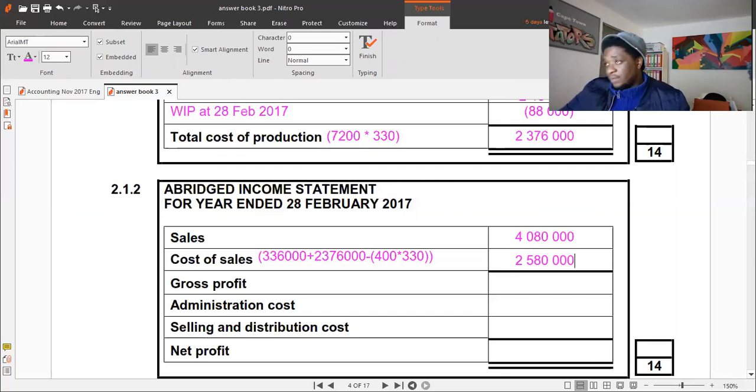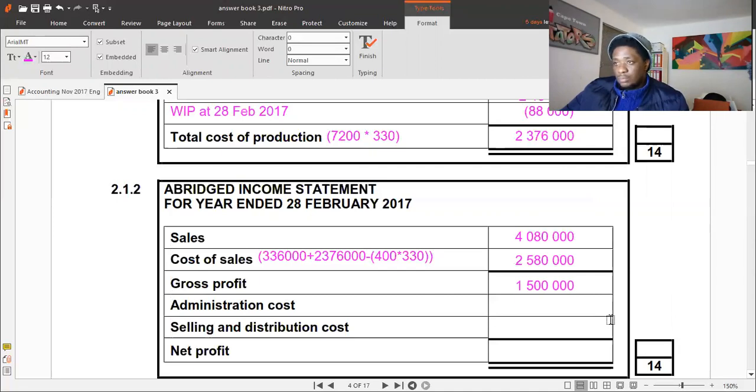Then your gross profit you'd calculate as 4,080,000 minus 2.5 million, so the 80,000 will cancel each other, and then you have 4 million minus 2.5 million. That should give you 1.5 million. So that should give you 1,500,000 for gross profit. So that's your gross profit.